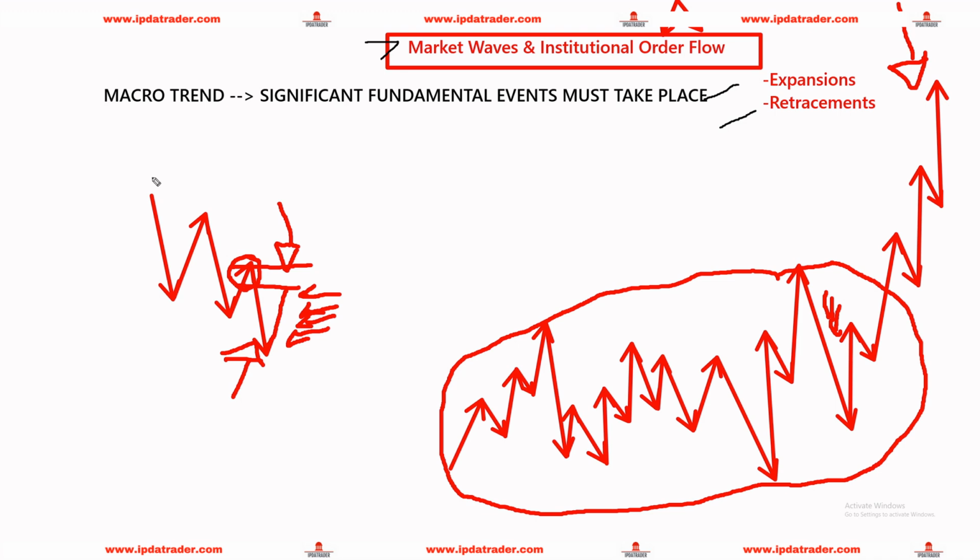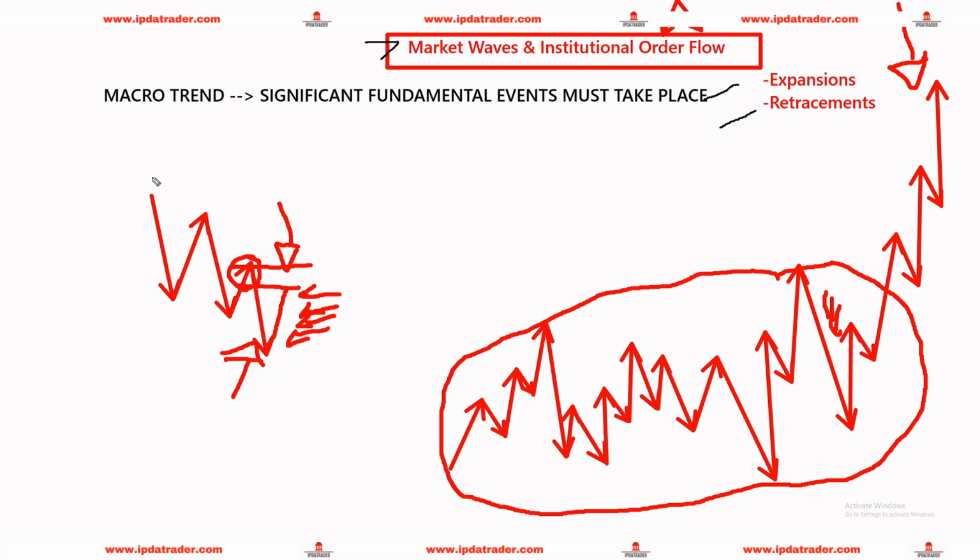Now, with all that being said, the foundations in terms of market waves and institutional order flow should now be very present for you. And what we're going to do now in order to wrap this up is very simply jump back into the charts.